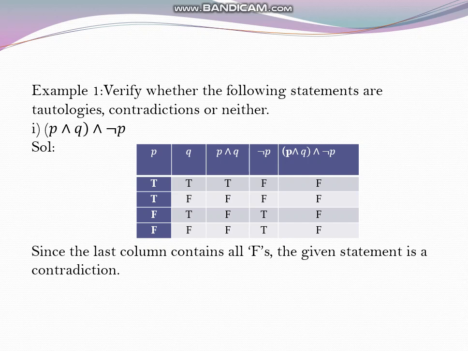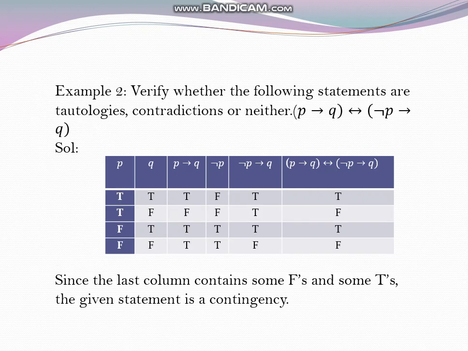But that is not the case, and hence we are getting false everywhere. Since the last column contains all F's, the given statement is a contradiction. It is not true in any case. For all possible propositional variable values, we have the false statement, and it's a contradiction.